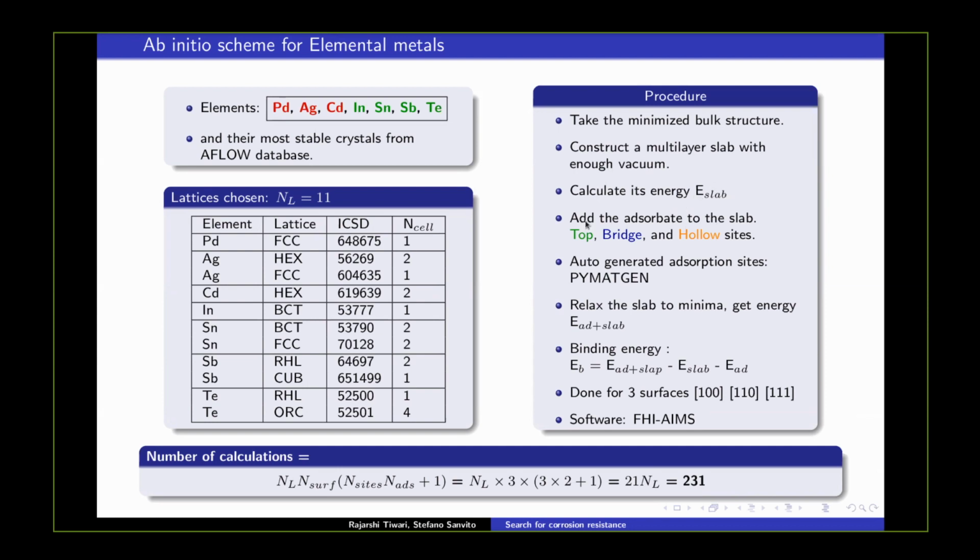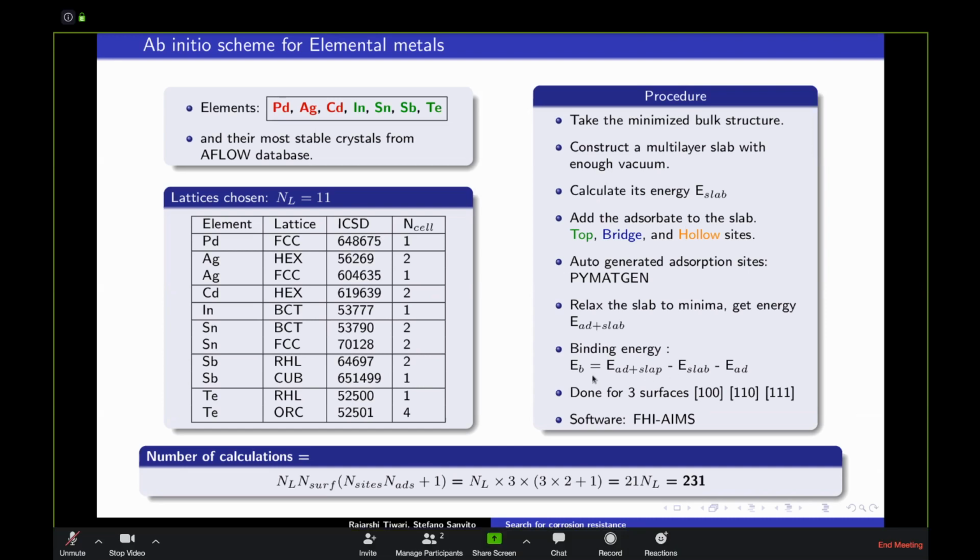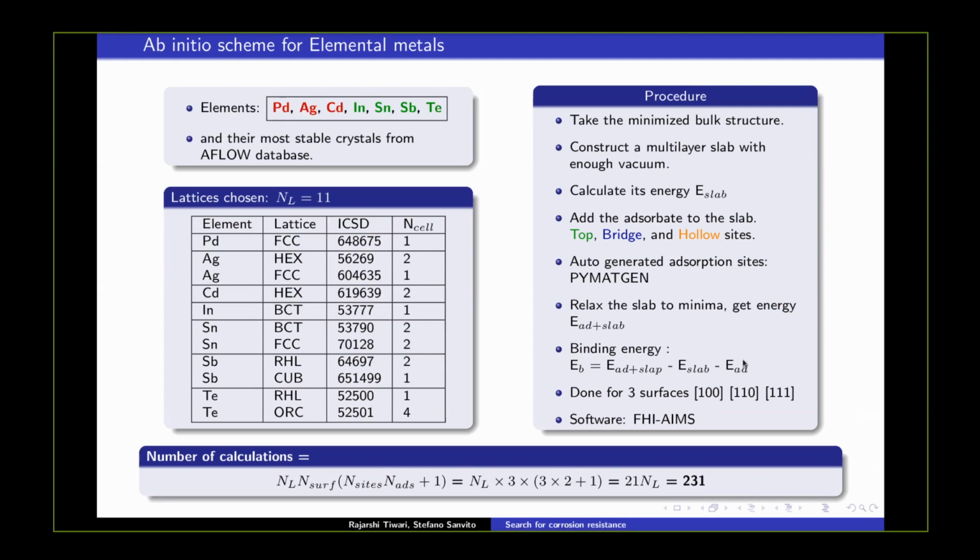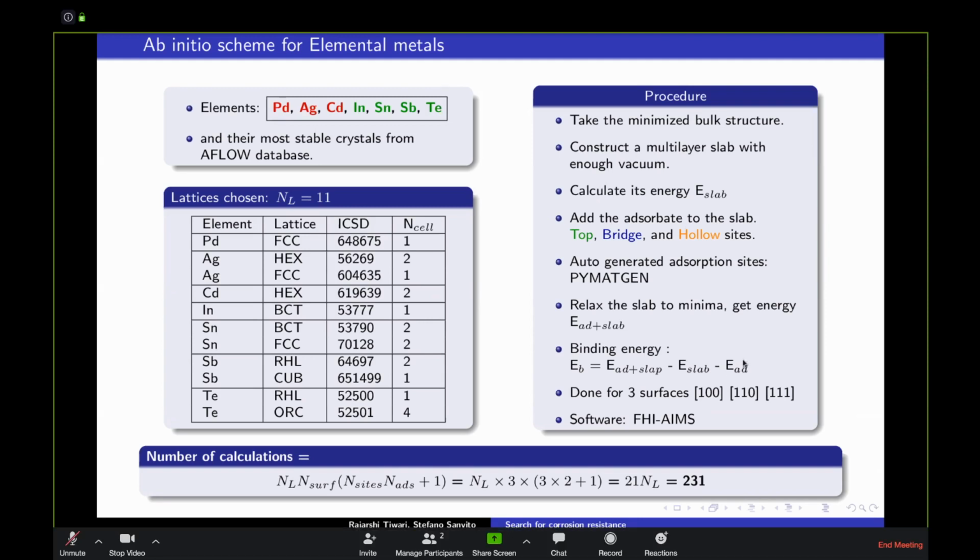Then we add adsorbates on potentially top, bridge, or hollow sites to calculate their energy. And when we subtract this energy, with the atom's alone energy, which is basically this E_B as energy of adsorbate plus slab minus energy of slab minus energy of adsorbate, that gives us the estimate of binding energy.